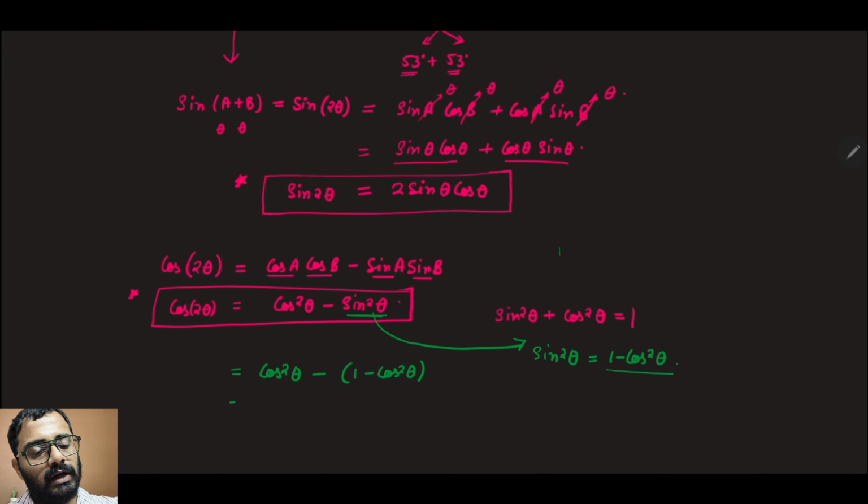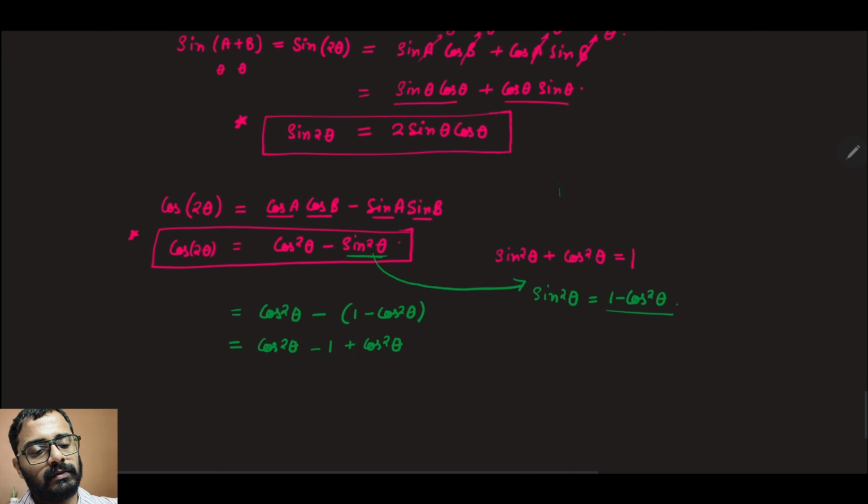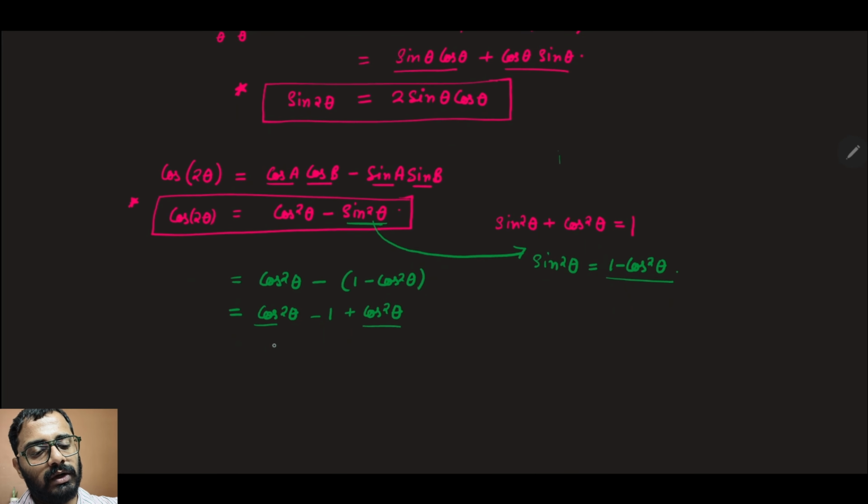So cos square theta is already here, plus minus 1 plus cos square theta. These two get added, giving us 2 cos square theta minus 1. So we can remember this also: cos 2 theta is equal to 2 cos square theta minus 1.